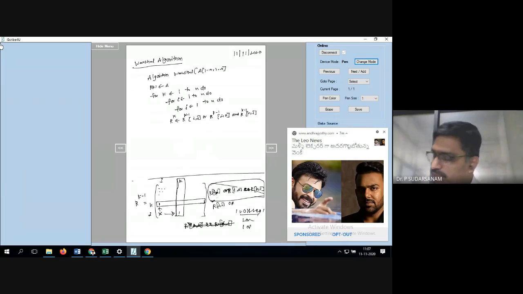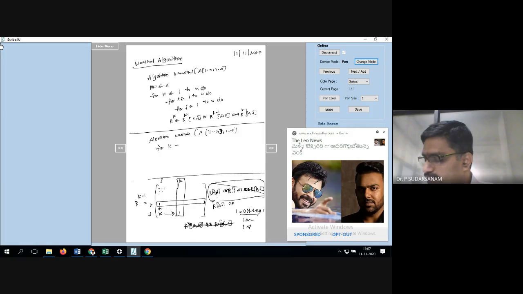But in your laboratory program, I'll write in a simple way. So just write the algorithm Warshall's, A of 1 to n comma 1 to n. I'll write something like this: for k is equal to 1 to n do, for i is equal to 1 to n do, for j is equal to 1 to n do.